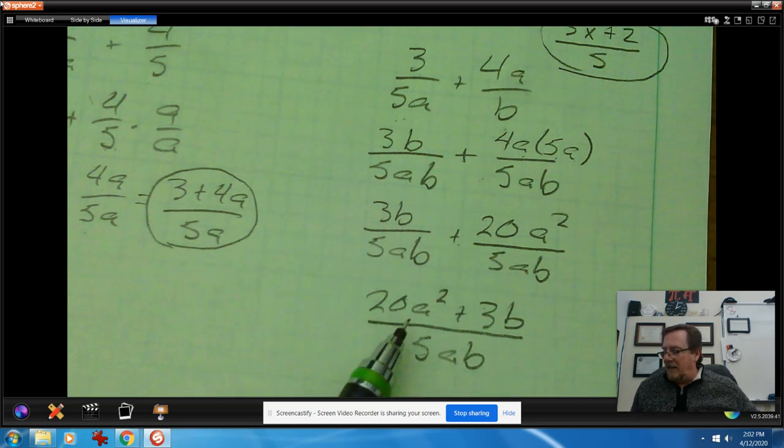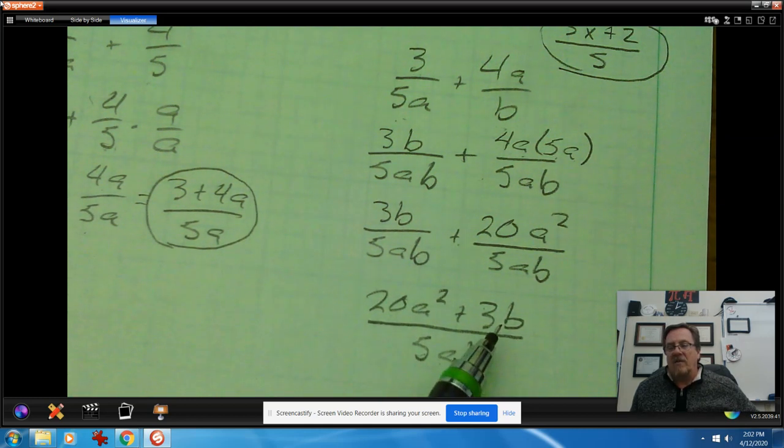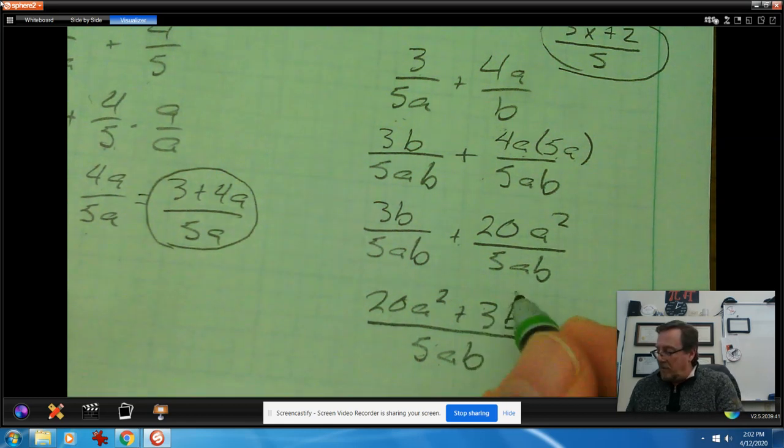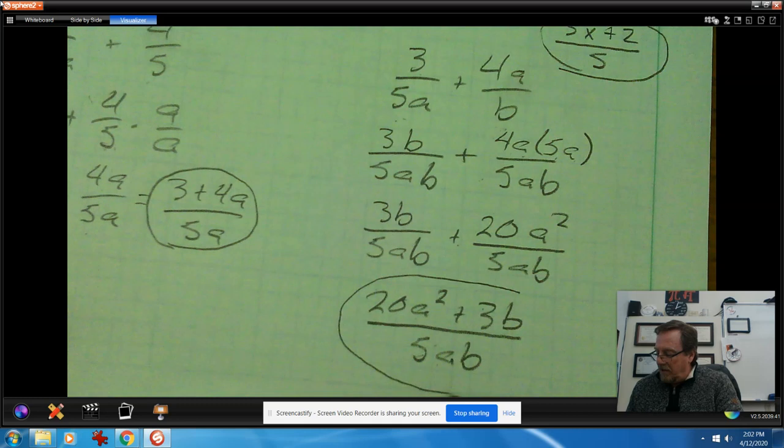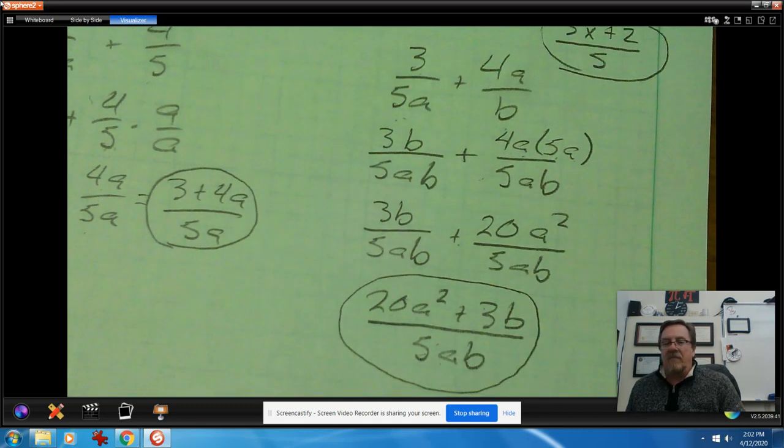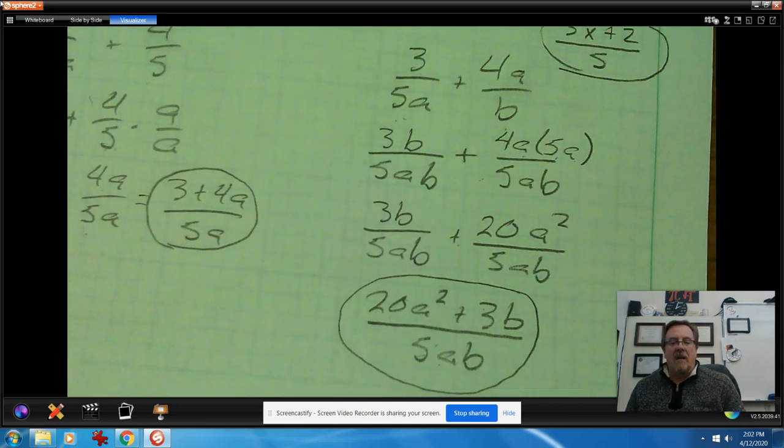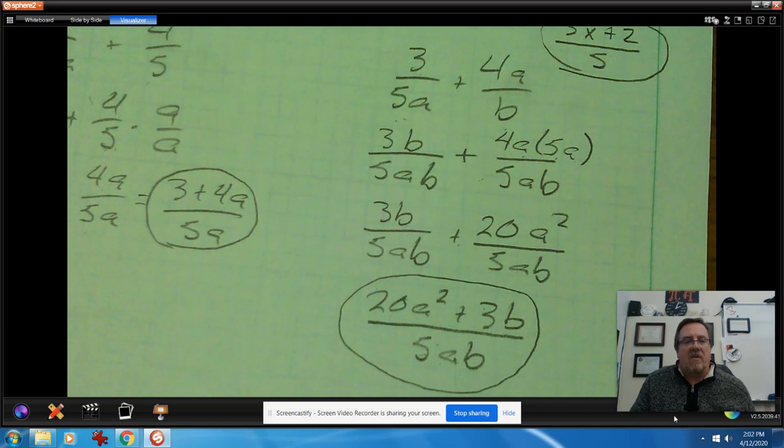Just like, there's an a squared here and there's an a down here, but you can't cancel them because this term over here doesn't have an a. And again, all 3 of these would have to be having something in common, and they don't. So we're good. That's our simplified form.